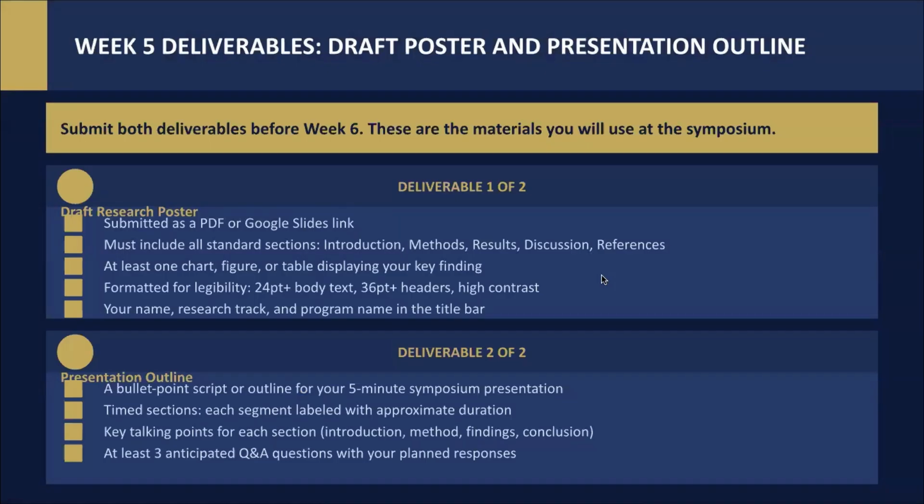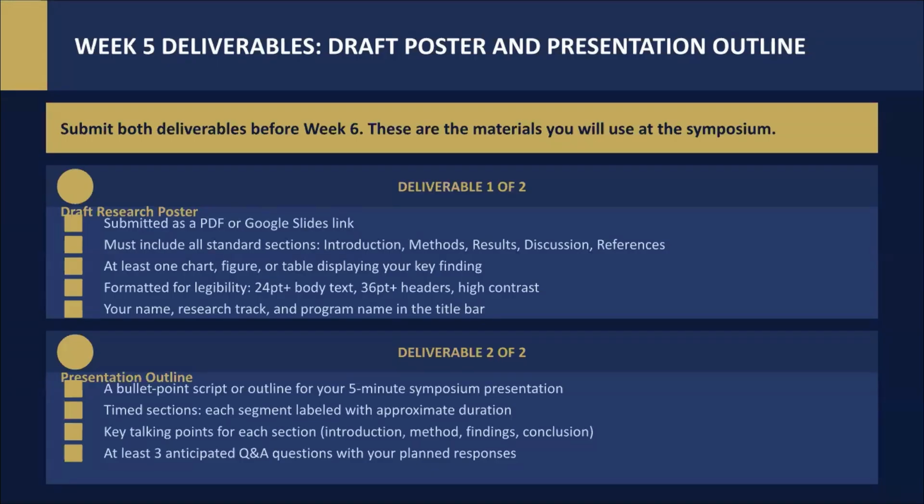So, week 5 deliverables: draft poster and presentation outline. Submit both deliverables before week 6. These are the materials you will use at the symposium. The very first deliverable is a research poster. It'll be submitted as either a PDF or a Google Slides link.